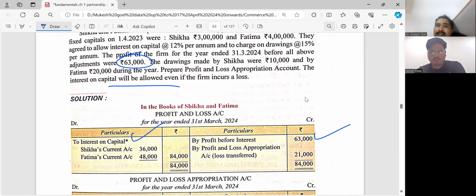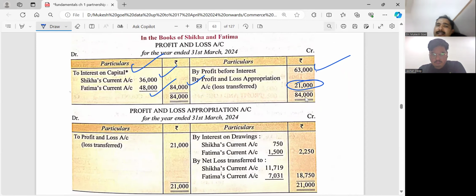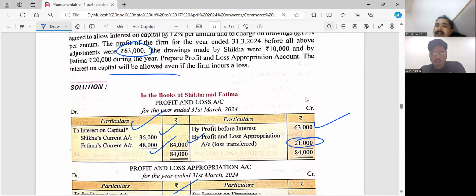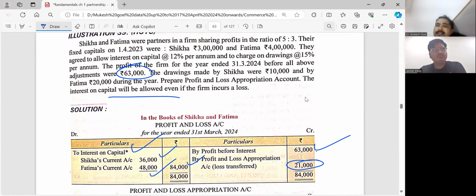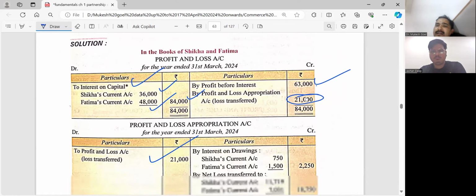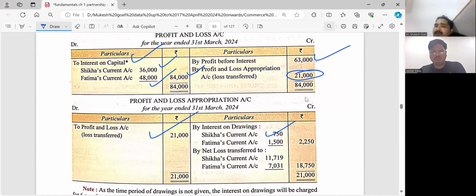So 36,000 and 48,000, total 84,000 minus 63,000, there is a 21,000 loss, and the loss will be transferred to the profit and loss appropriation account. And then interest on drawing will be charged. Interest on drawing for 6 months at 15%: 750 and 1,500.